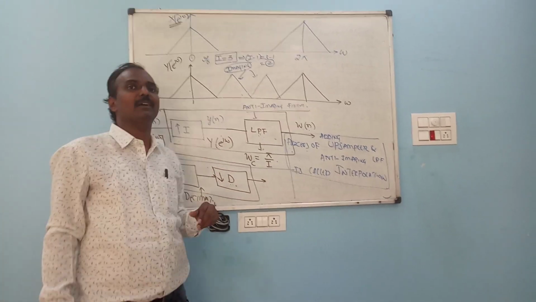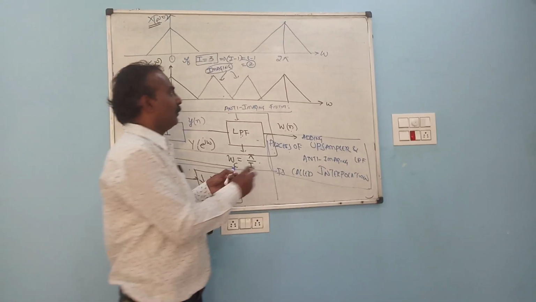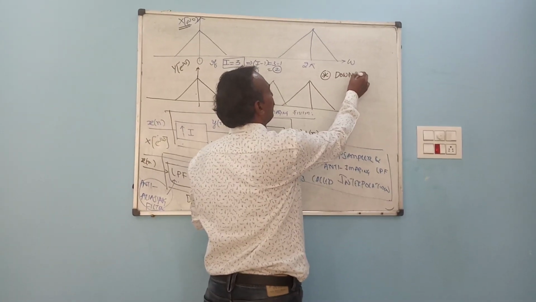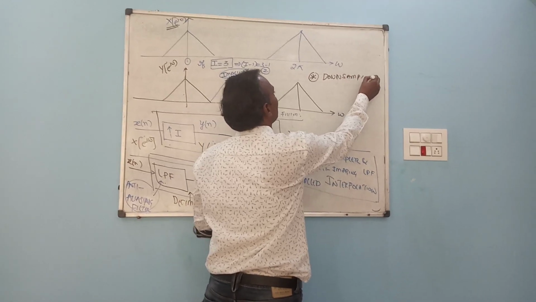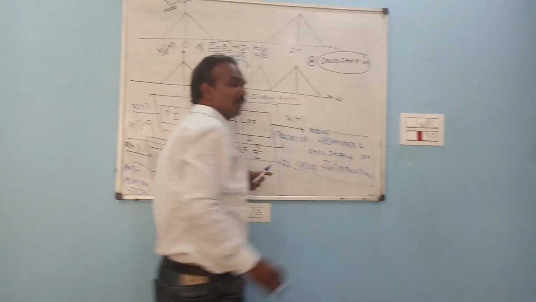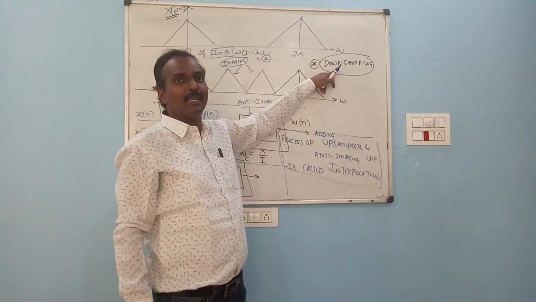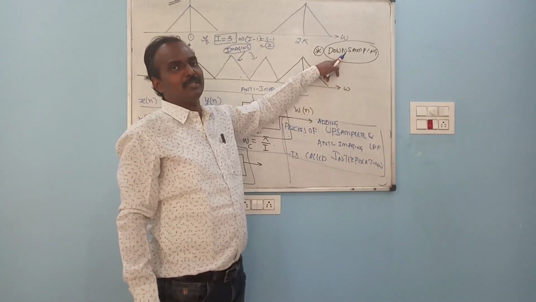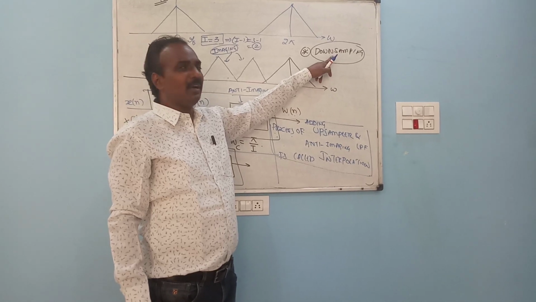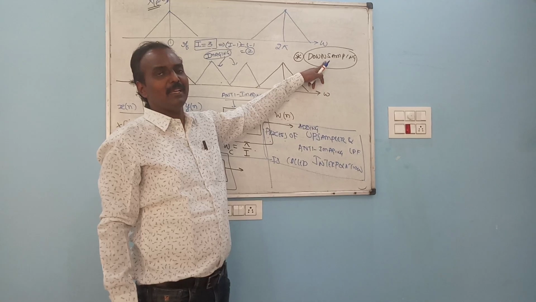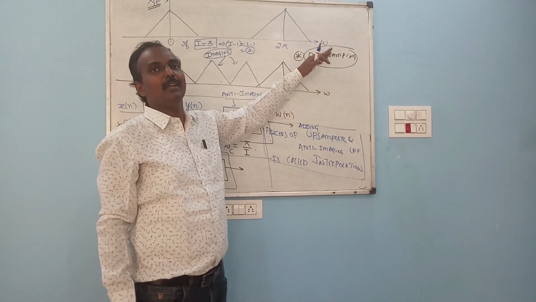Let me recollect these two points. What is downsampling? Downsampling means we are dropping. The process of dropping or deleting some samples is called downsampling. Dropping or deleting samples is based on the downsampling factor D, so D minus 1 samples we are dropping.